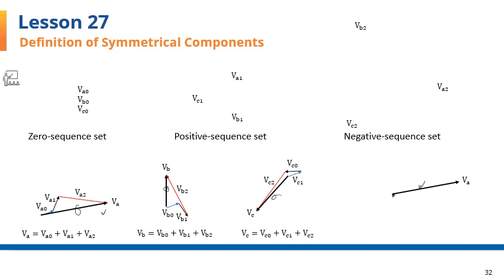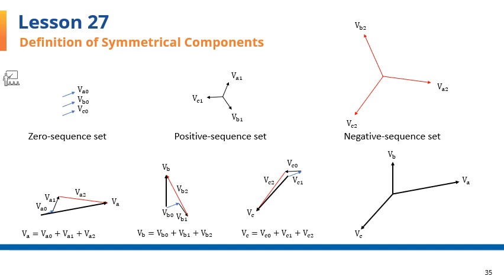So VB, again translated to here, and VC translated to here. You can see that VA, VB, VC form a trio of phasors that are an unbalanced set of phasors.